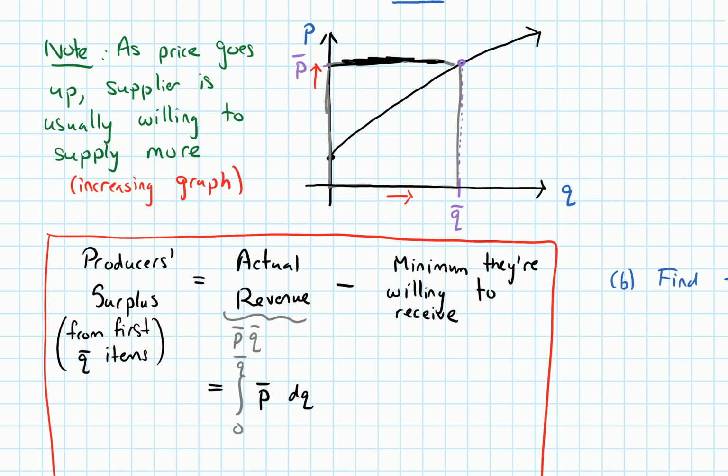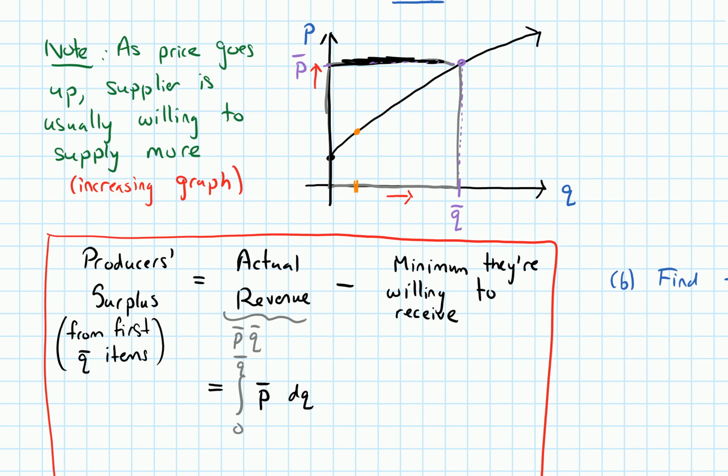For the minimum that they're willing to receive, I'm going to give a heuristic, conceptual reason for what the formula is. Suppose there was some quantity here, and I'm putting this orange tick mark, that the supplier may have supplied. At that particular quantity, the supplier needs to see this price on it. They would only be willing to sell it for at least that price.